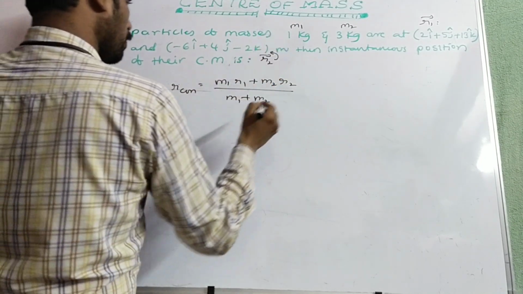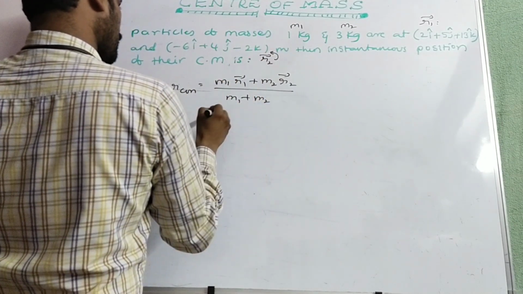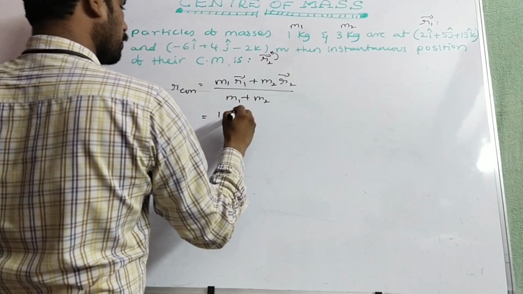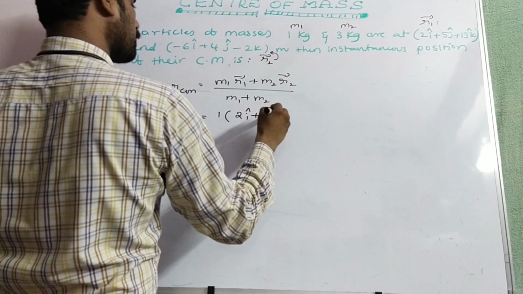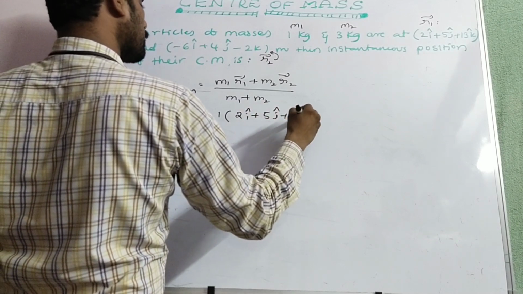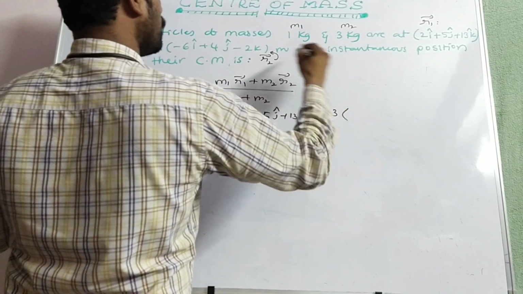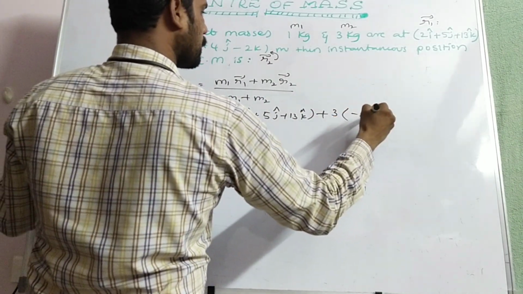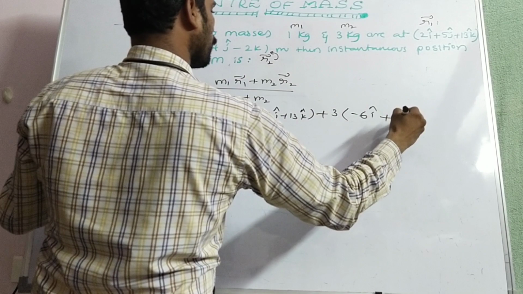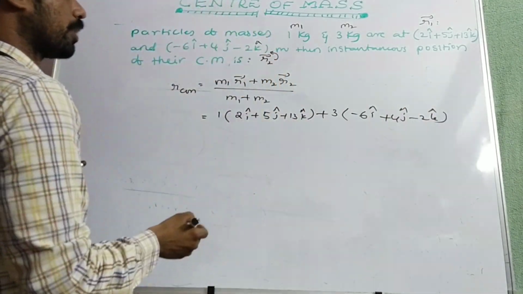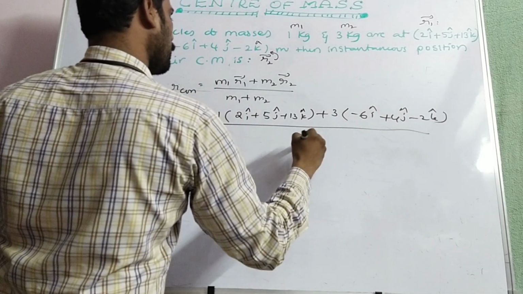Now, what about the masses? First mass is 1 into R1 bar, 2i cap plus 5j cap plus 13k cap, plus what about M2? 3 into R2 bar, which is minus 6i cap plus 4j cap minus 2k cap, by 1 plus 3.